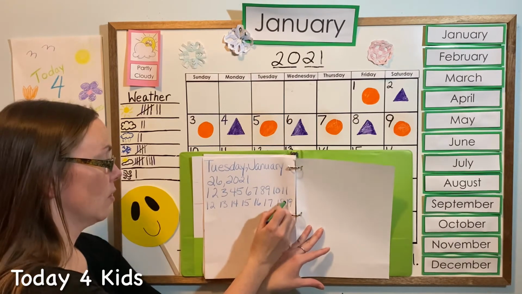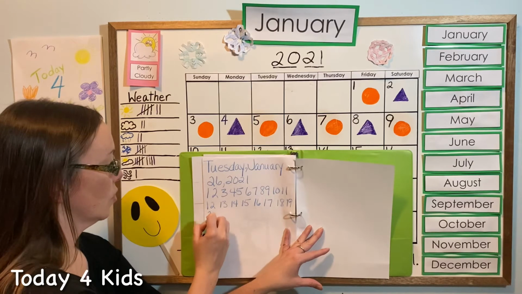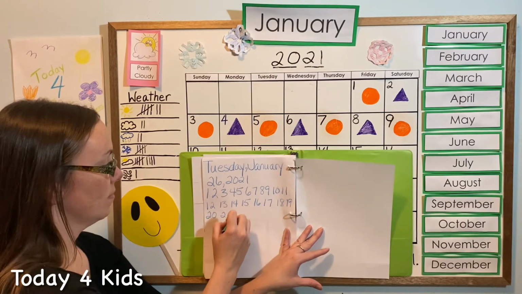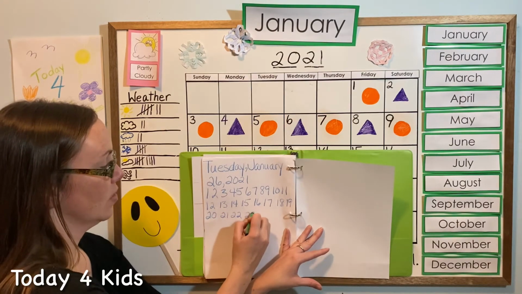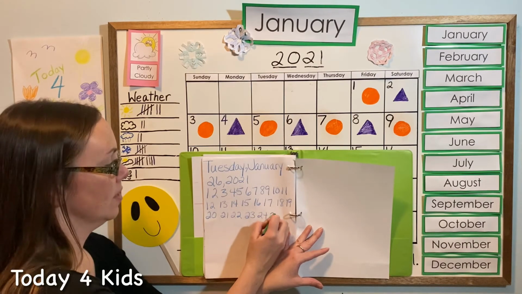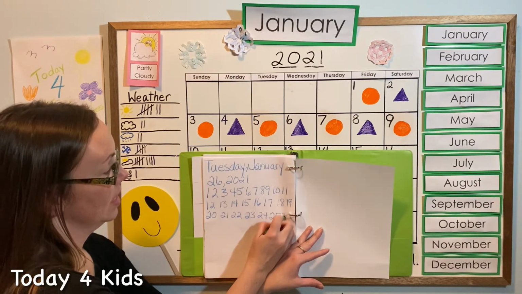I ran out of room, so I'm going to go down and come back to the bottom. 20, 21, 22, 23, 24, 25, 26.